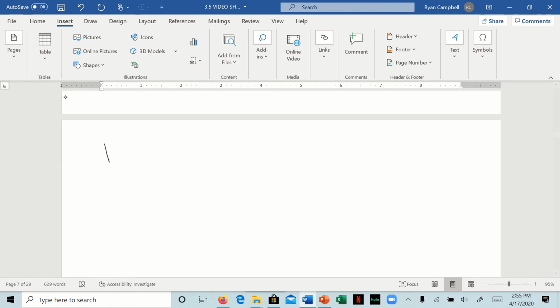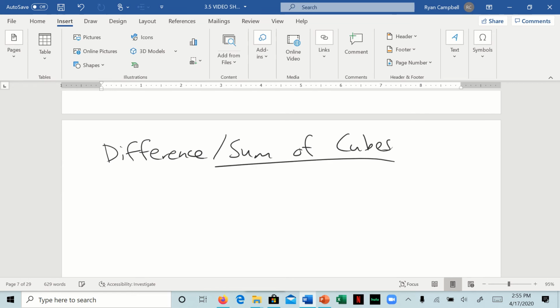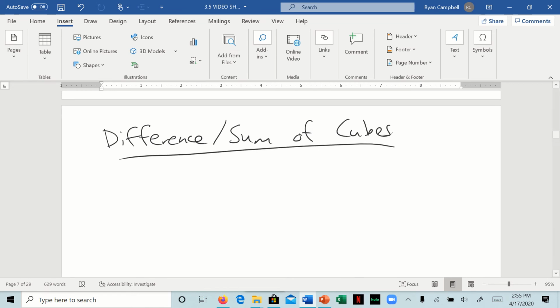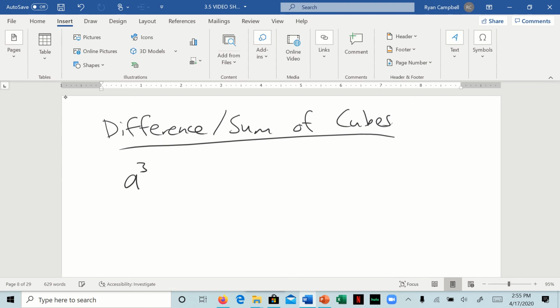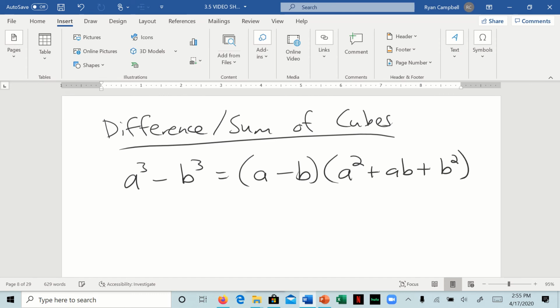But we got to talk about the difference and sum of cubes. So if you have something cubed minus something cubed, so if it's a cubed minus b cubed, it's a minus b times a squared plus ab plus b squared.